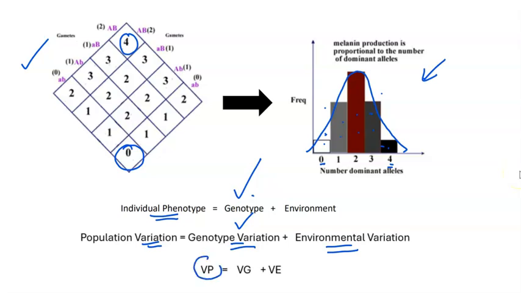The variation in a population is due to the fact that the population has individuals of different genotypes, and that each genotype, each person, will experience the environment in a different way. So population variation is due to genetic variation plus environmentally experienced variation.